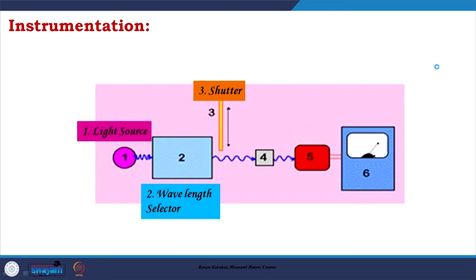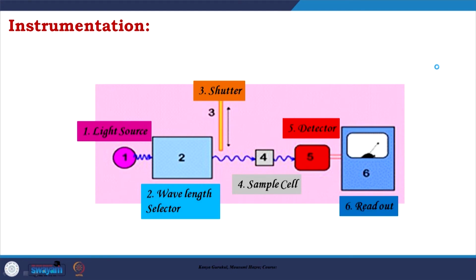Then there is a shutter that controls the light ray to go and hit the sample. After that, there is a sample cell where the sample is kept. Then the effect is recorded in the detector, and finally we get the readout. So, that is the architecture of very basic instrumentation of spectroscopy.